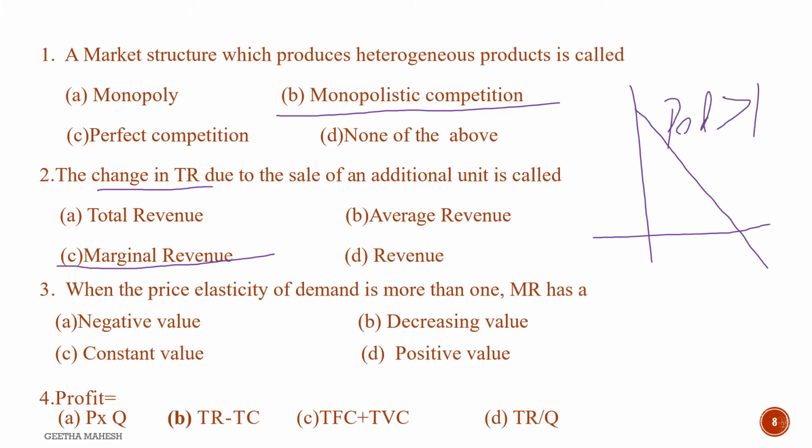So the answer is D, that is positive value. Profit equals P into Q, TR minus TC, TFC plus TVC, TR divided by Q. So it is profit, the difference between total revenue and total cost.